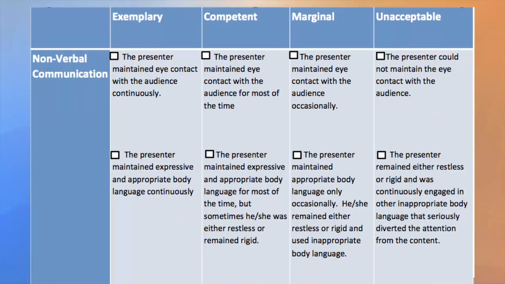In this way, he gets more flexibility to give detailed and accurate feedback. For instance, if the user finds one description appropriate under exemplary level and another description under marginal level for the criterion non-verbal communication, he or she can put a check mark at two places to give accurate feedback to the learner.